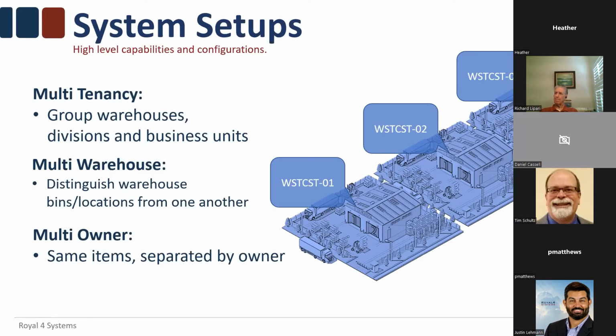So when you're in a view, you can see the locations and have, in this example, West Coast 01, and then you have your location scheme right behind it. That's how you're able to distinguish one set of warehouse locations from another.